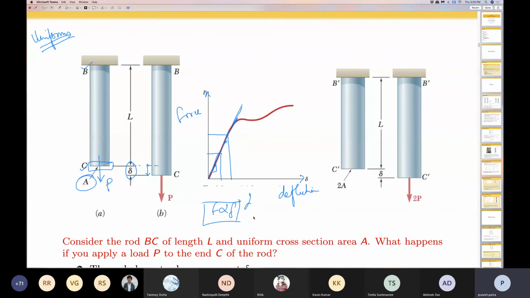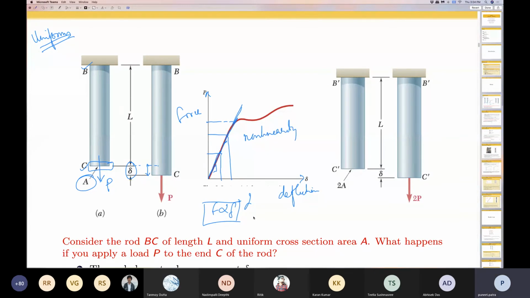There you see that the force is also proportional to the displacement exhibited by your system. But if you keep incrementing the force, you reach some point beyond which the force displacement diagram starts to exhibit nonlinearity.